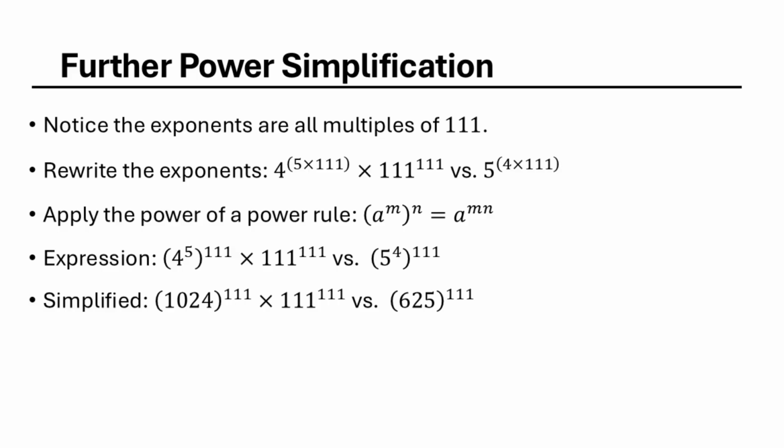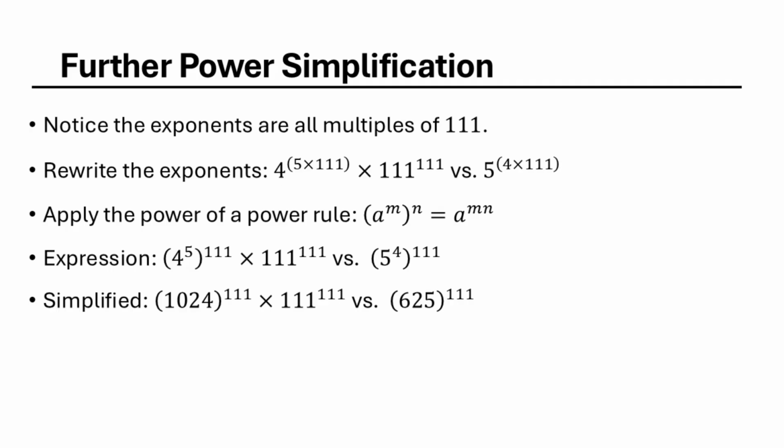Using the power of a power rule, which says that a to the power of m, in parentheses, to the power of n equals a to the power of m times n, we can rewrite these again. The left side becomes (4 to the power of 5) to the power of 111, multiplied by 111 to the power of 111. The right side becomes (5 to the power of 4) to the power of 111.